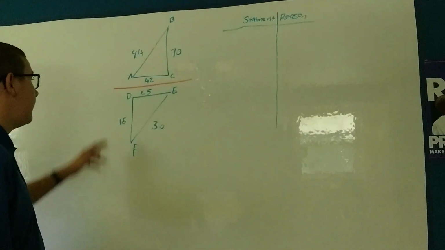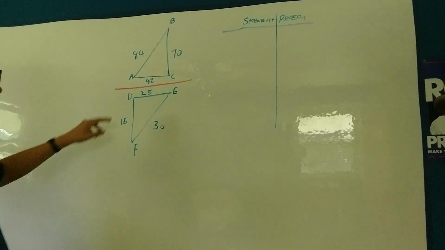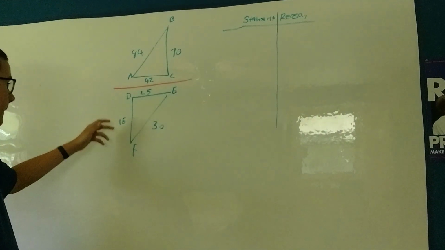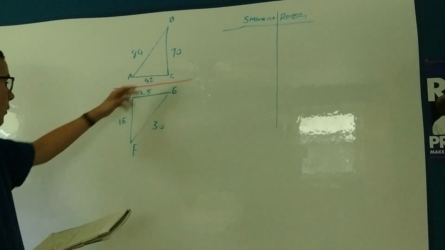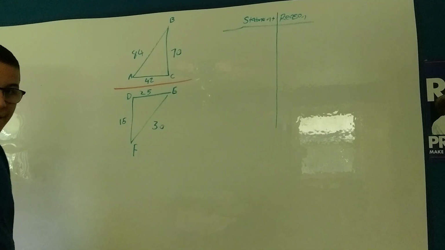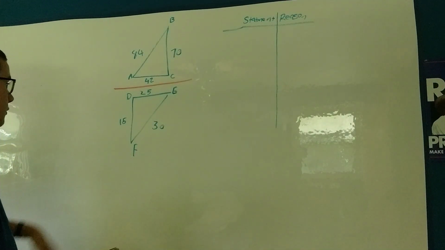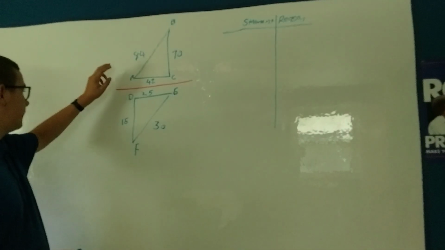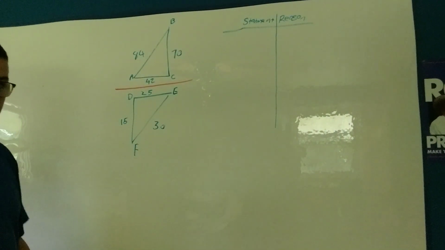And then what if we try the middle sides? If we put BC over DF, if you put that in the calculator, it'll also tell you 2.8. And if you put BA over FE, you're also going to get 2.8.